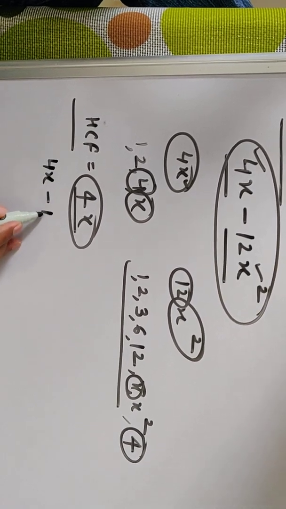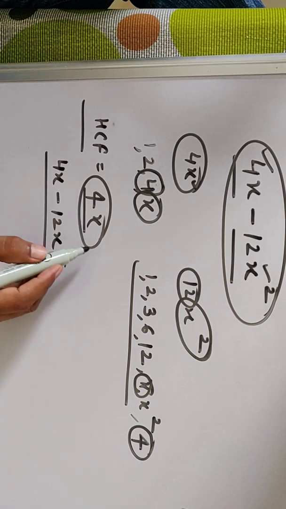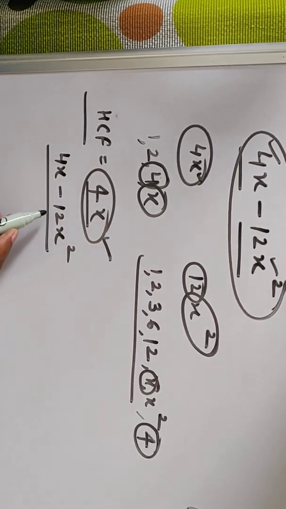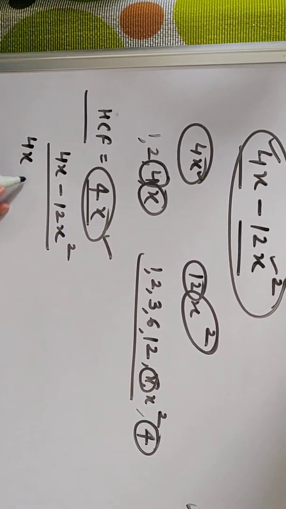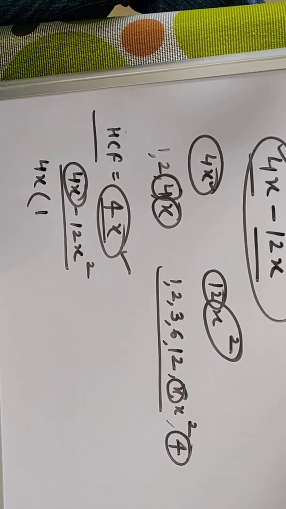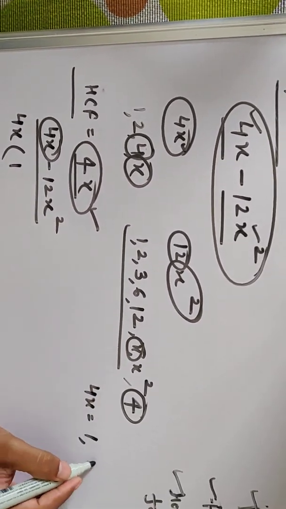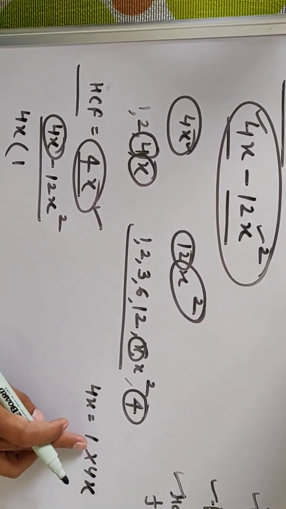4x minus 12x square. In these two terms we will take 4x as a common. So what is left here? If we take the 4x common, then 1 is left, because 4x can be written as 1 into 4x.